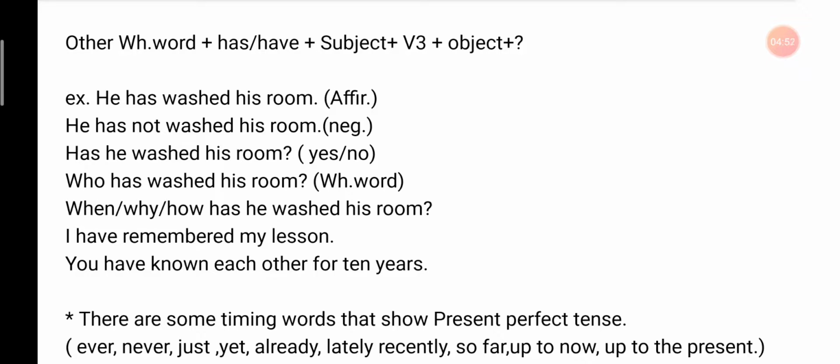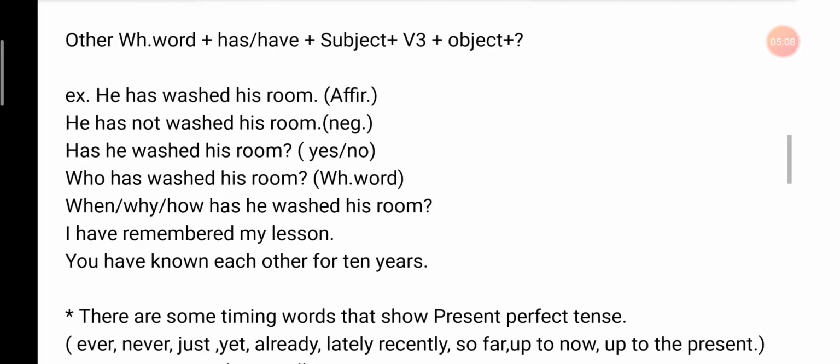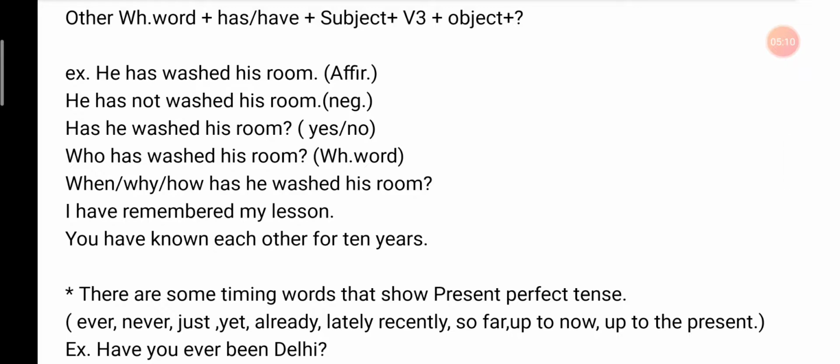Now see the example of each structure, such as: He has washed his room. Here he is a singular subject, so it will take has and it is followed by V3. He has not washed his room. Again the subject is he and it is followed by has.